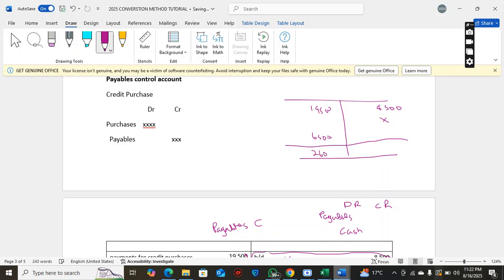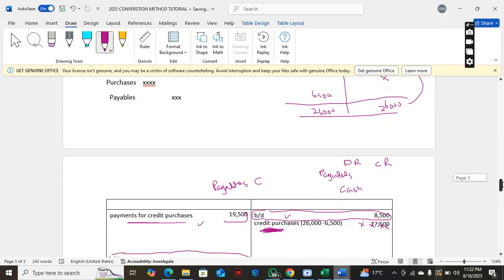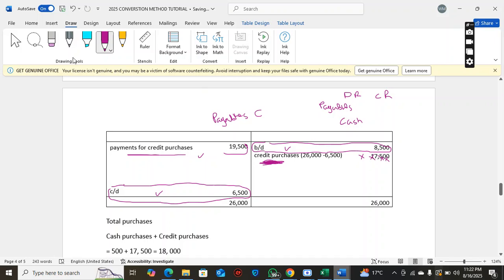So to get our value of X, which is our credit purchases, you're going to say 26,000 minus 8,500. What do we get? 17,500. So that's the value of their credit purchases, 17,500.